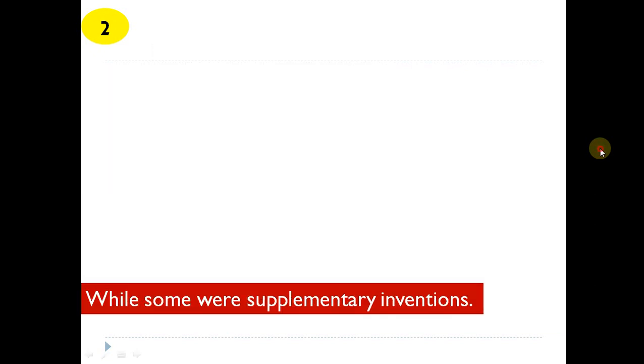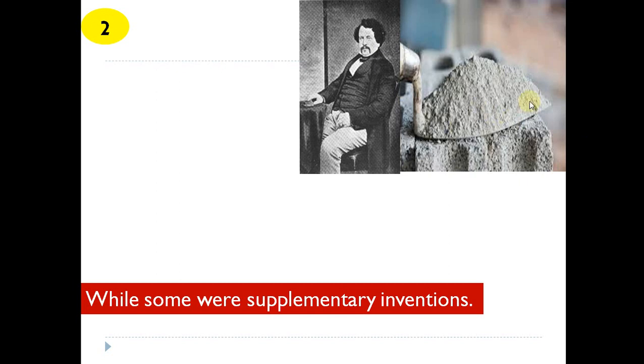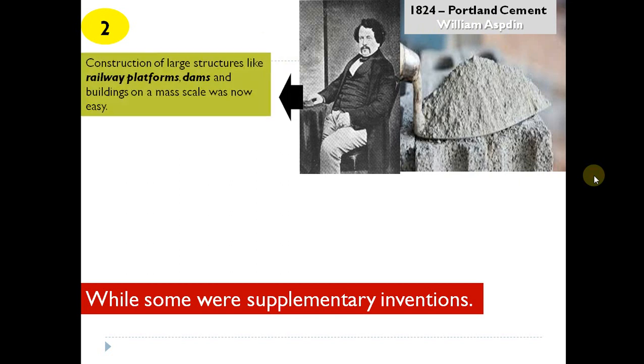To mention another example, cement, or Portland cement, which was invented for the first time in 1824 by William Aspdin. Because of this invention, construction of large structures like railway platforms, dams, and buildings on a mass scale was now easy.